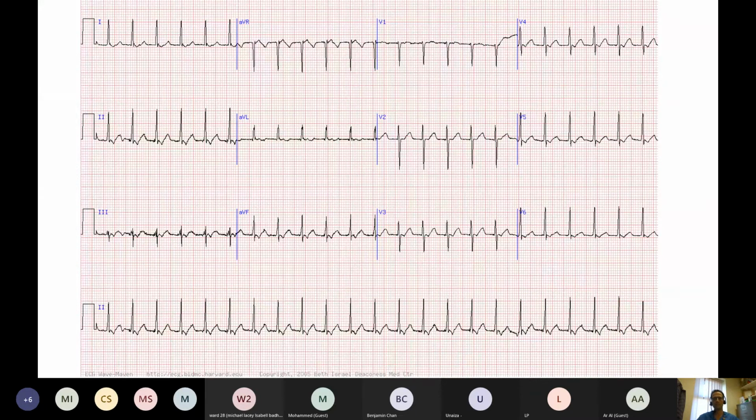You'll obviously check for me the patient's name, their date of birth, you'll confirm it's their ECG, and then you'll move on and tell me that the QRS duration is less than 120 milliseconds, so it's a narrow complex tachycardia. And you'll tell me it's tachycardic. Can anybody tell me the rate?